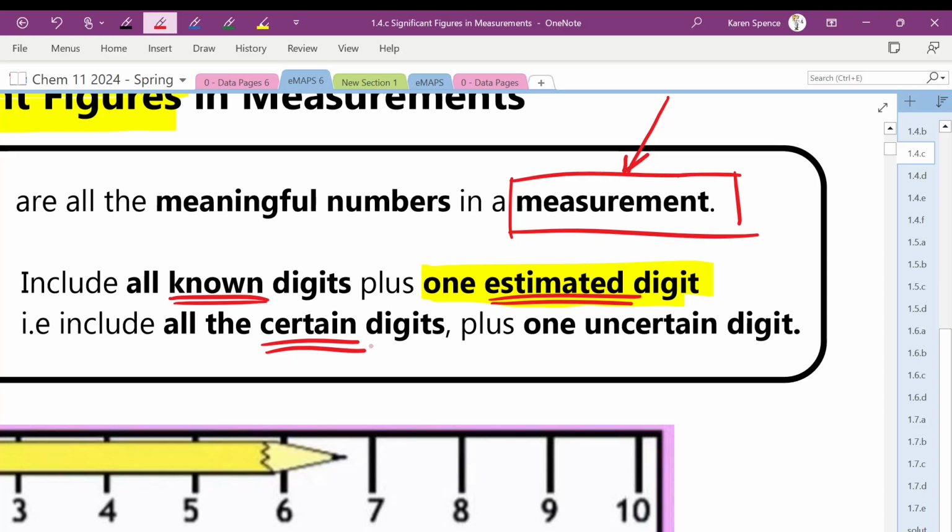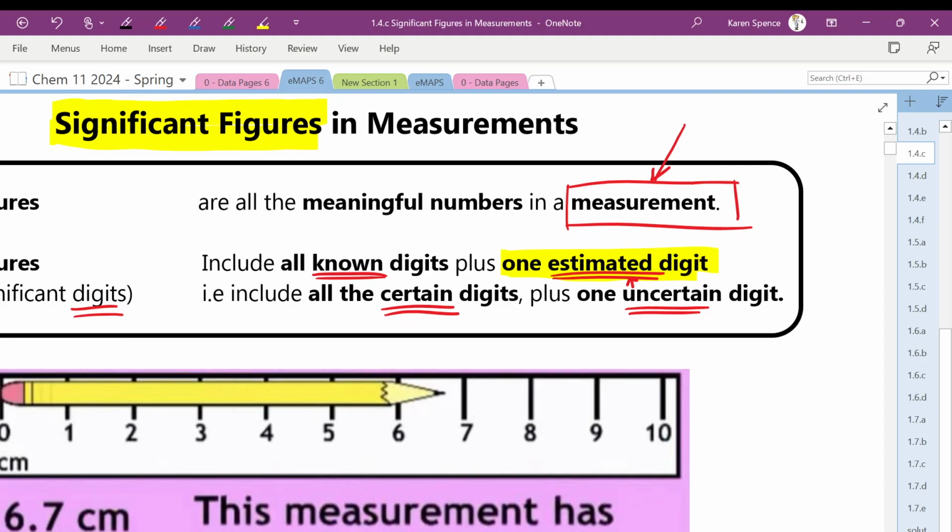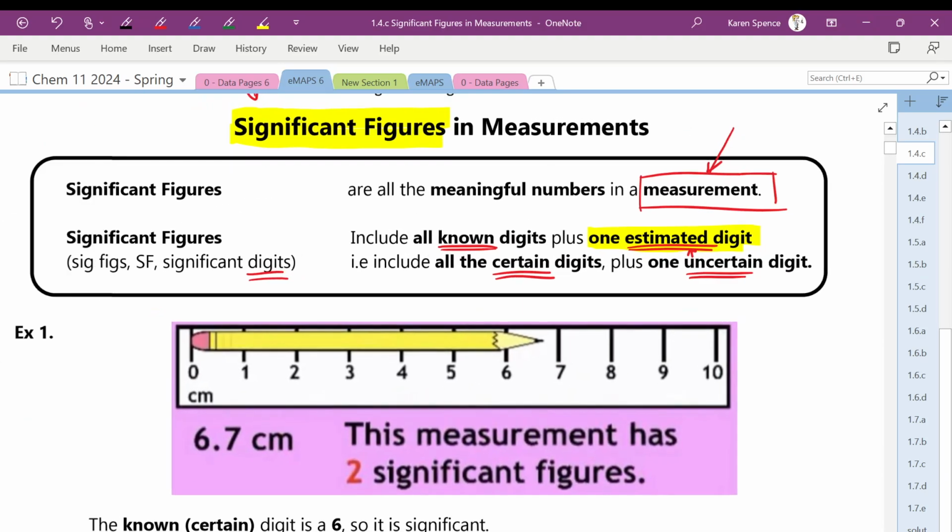So we have all the certain digits plus the one uncertain digit, and the uncertain digit is the estimated digit. So if I asked you to define significant figures, you could either say all the known digits plus one estimated digit, or all the certain digits plus one uncertain digit. That is the definition.